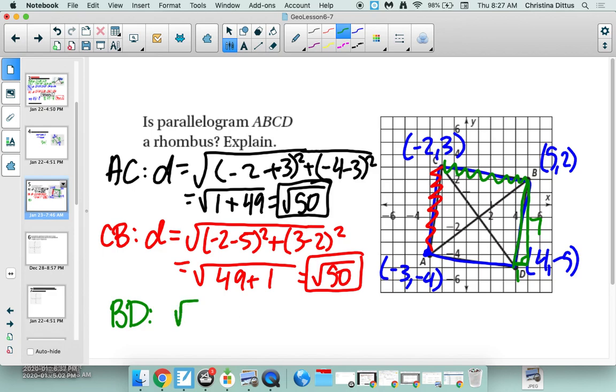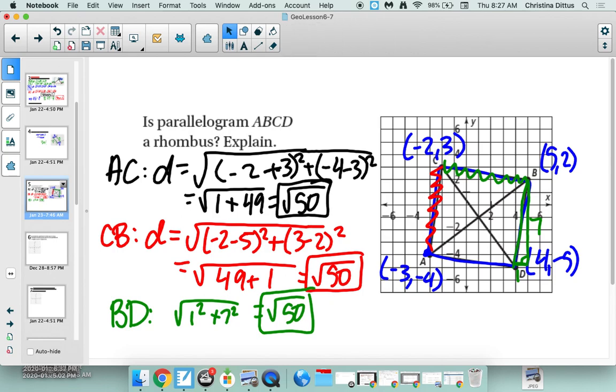You have the square root of 1 squared plus 7 squared. So am I going to get the square root of 50? Yeah. We did the Pythagorean theorem. Oh, I see, 50.